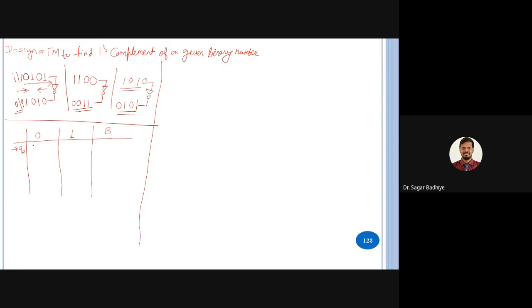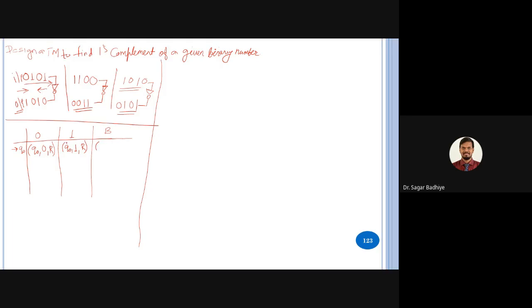In Q0, the Turing machine is going to read the complete string and move right to the extreme end of the string. So in Q0, on reading 0, keep this 0 as it is and take a right move, right? If in Q0 it gets a 1, it will stay in Q0, make this 1 as 1 and again take a right move, right?